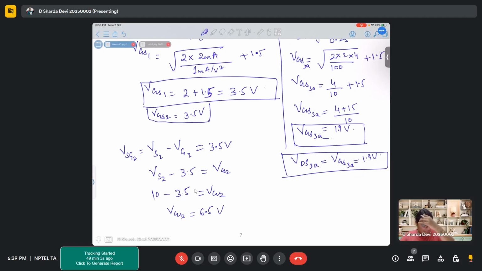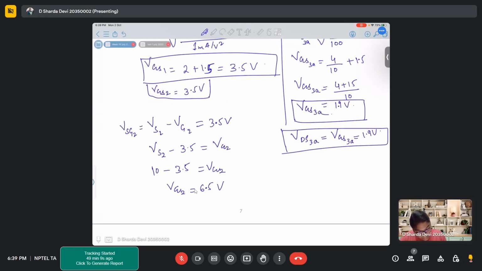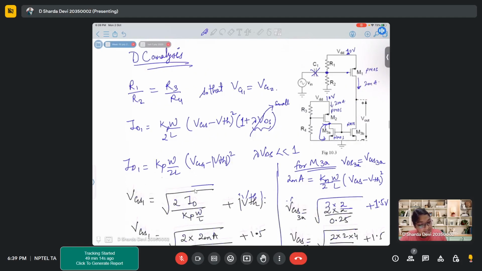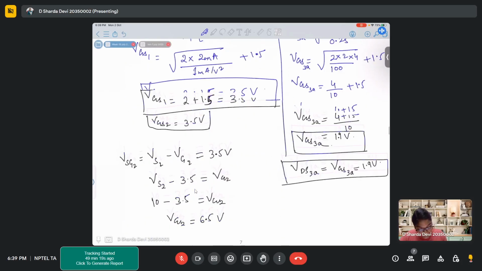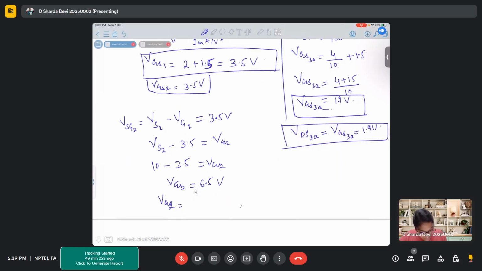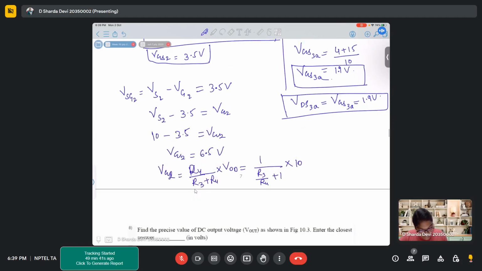And if VG2 is 6.5 volts, then VG2 can be written as R4 by R3 plus R4 into VDD. So VG2 is also equal to R4 by R3 plus R4 into VDD, that is 1 upon (R3 by R4 plus 1) into 10 is 6.5.